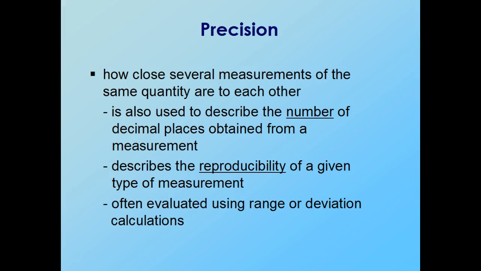And there are also calculations that can be done called deviation, average deviation, absolute deviation, percent deviation. But range is kind of a quick and dirty gauge as to how precise, how reproducible your results are. If you're able to get consistent data over and over again, then how you're conducting your experiment most likely is being done well.